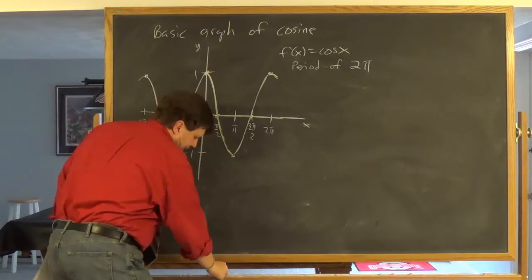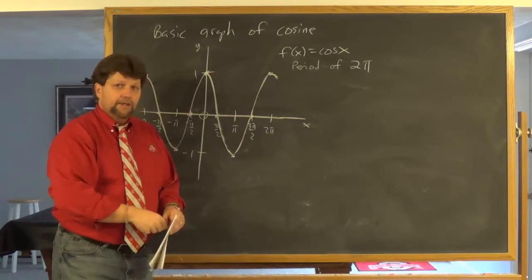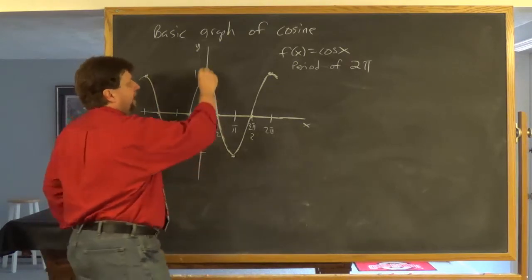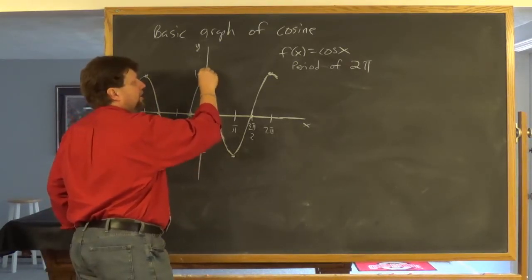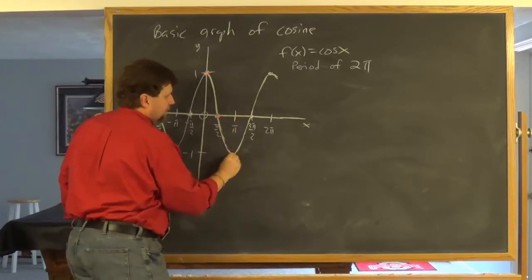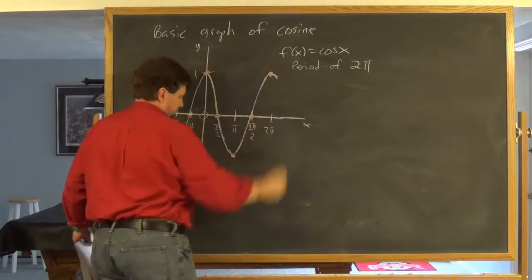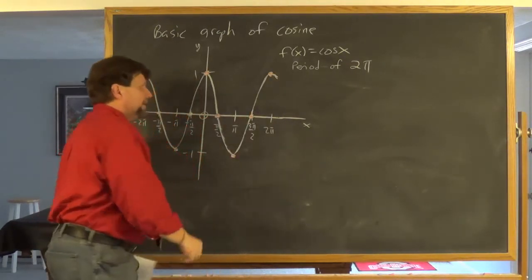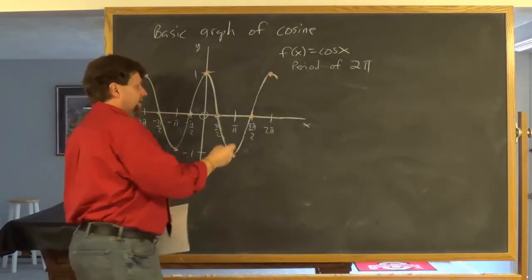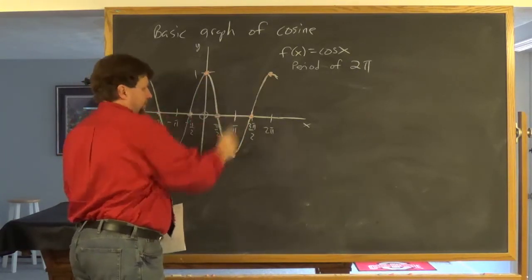I would also like you to see, just like with the basic graph of sine that we just looked at, there are 5 key points here that your book calls the 5 quarter points. And just like with the basic graph of sine, notice the x-intercepts, maximum, minimum.